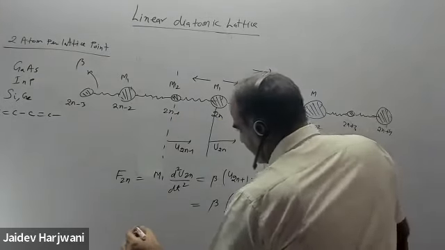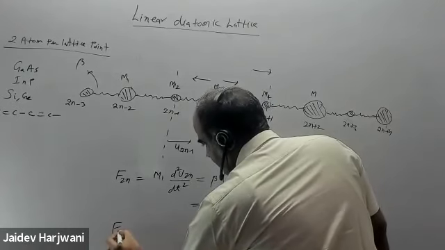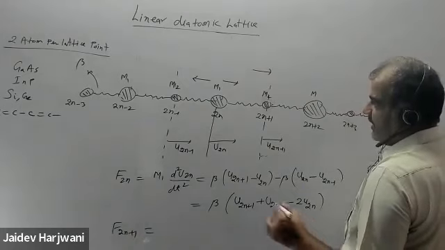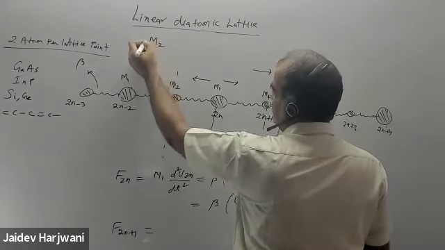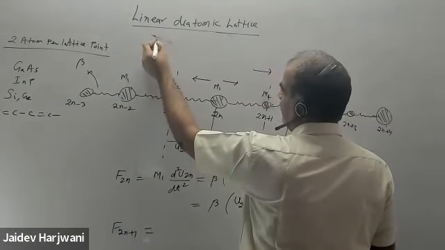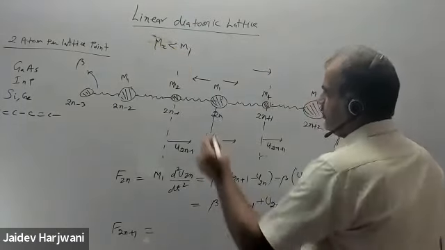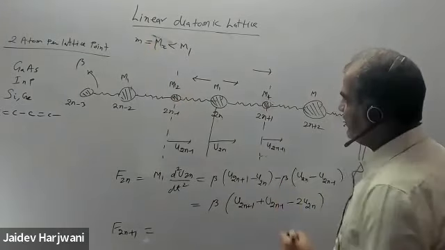Similarly, I can write the force on the lighter atom. The lighter atom I am representing by m2, so m2 is less than m1. You can also represent m2 by small m. So m2 is the lighter atom.